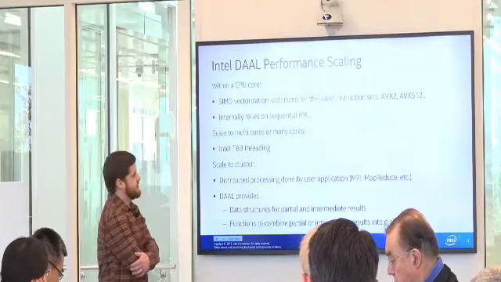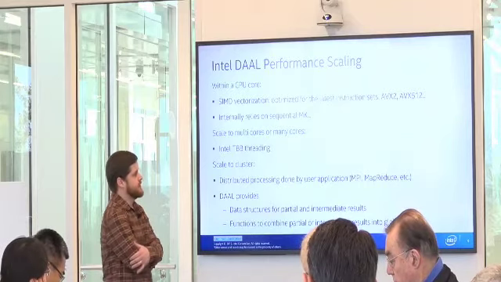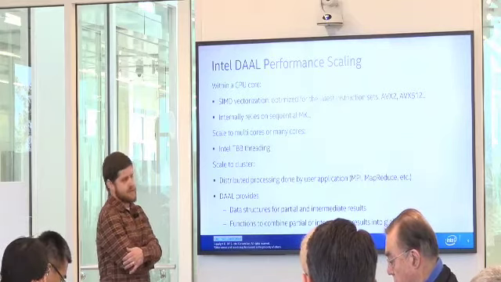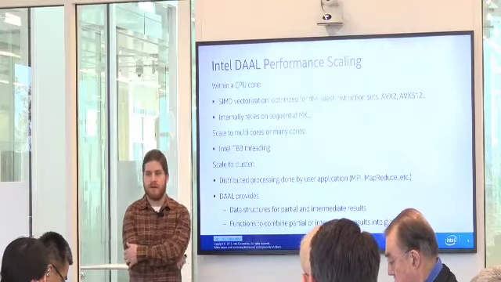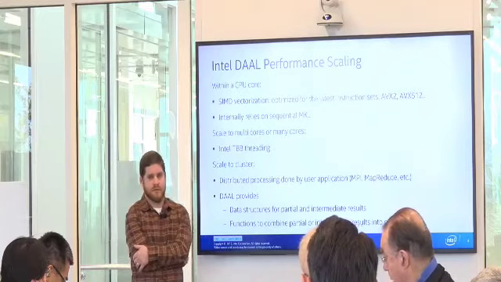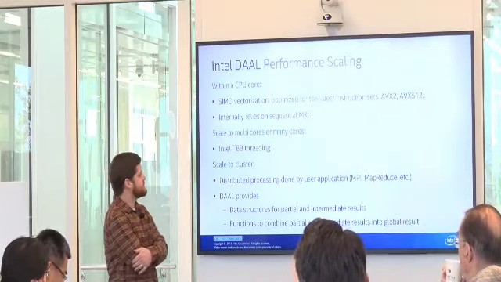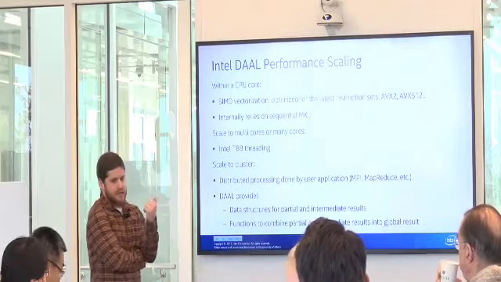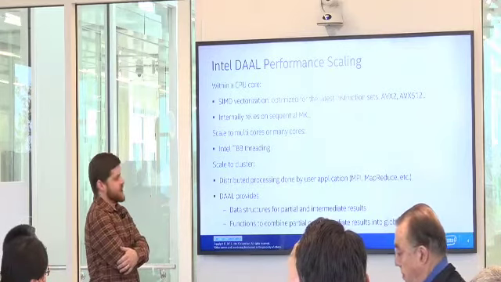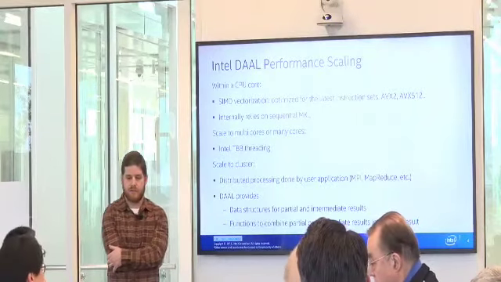We stay current with, as I said, hardware that we know is coming up in the roadmap, and all the latest instruction sets are covered. So if you buy AVX 512 hardware, we will utilize your registers as intended. Internally, underneath the hood, we rely on MKL primitives, the math kernel library that many of you are probably aware of.